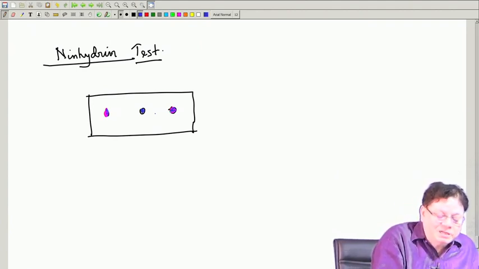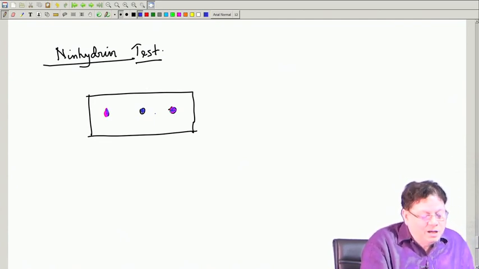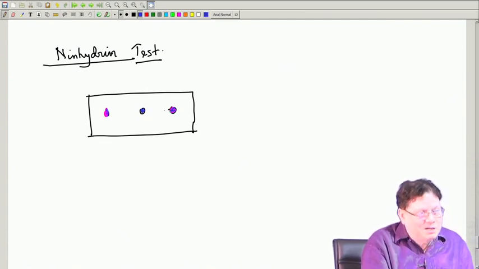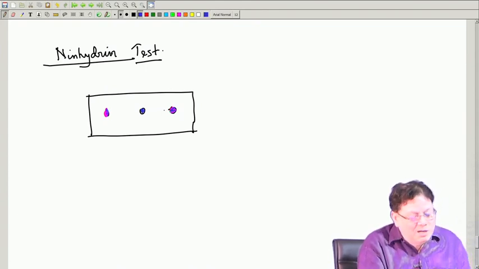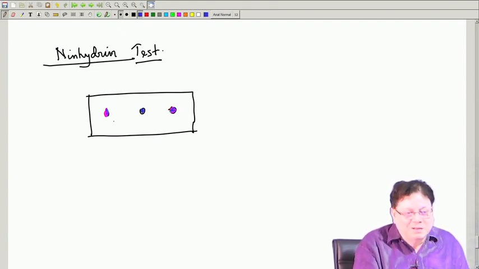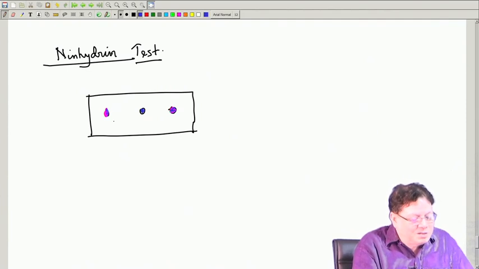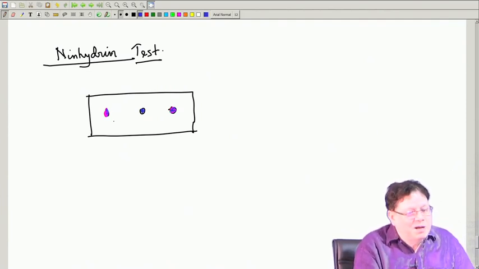Now, let us first answer one by one. First is, the question is, if I react all the spots with ninhydrin, then the amino acid is lost. This will only demonstrate the mixture has 3 amino acids, that much I can tell. But I cannot recover the amino acids from this.